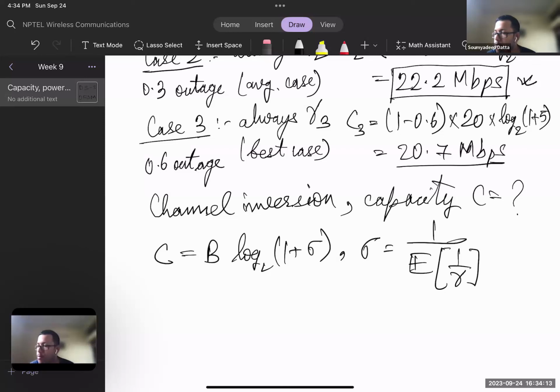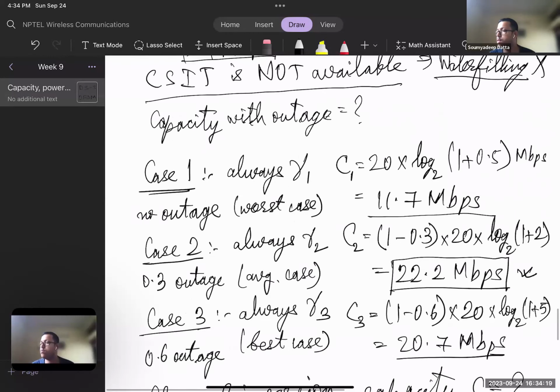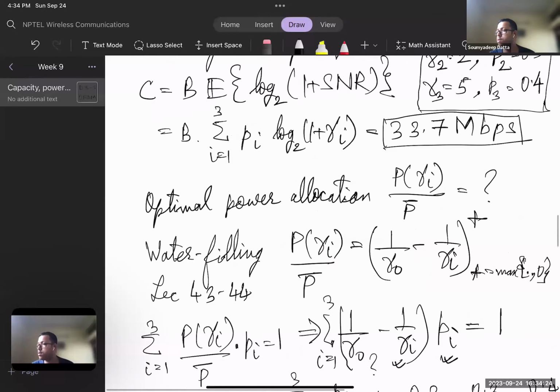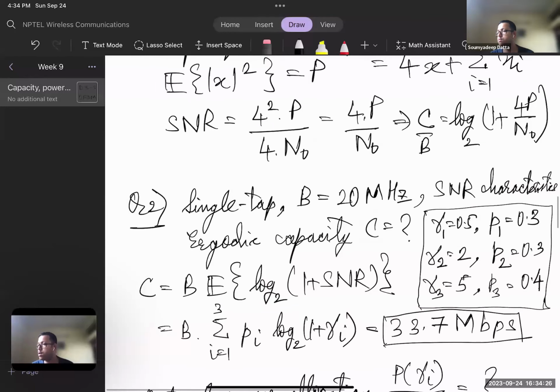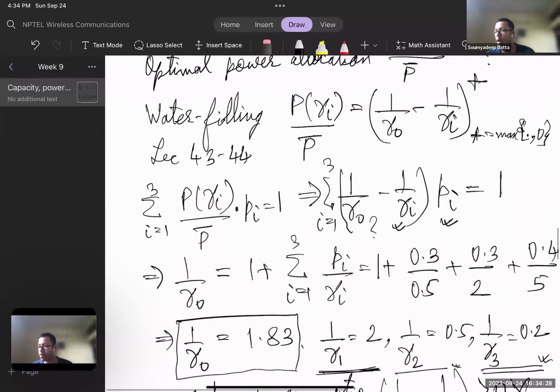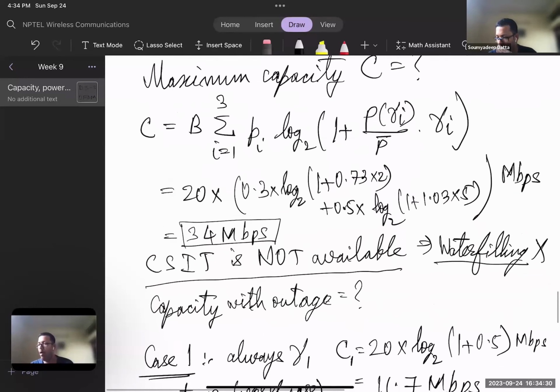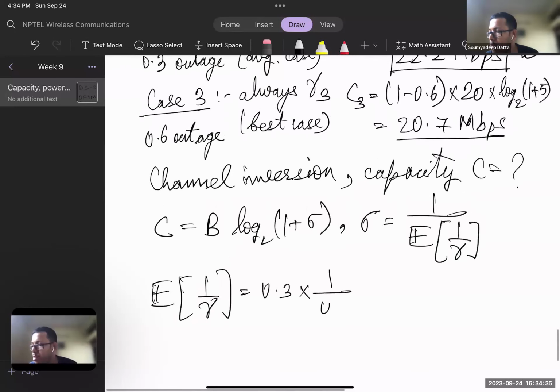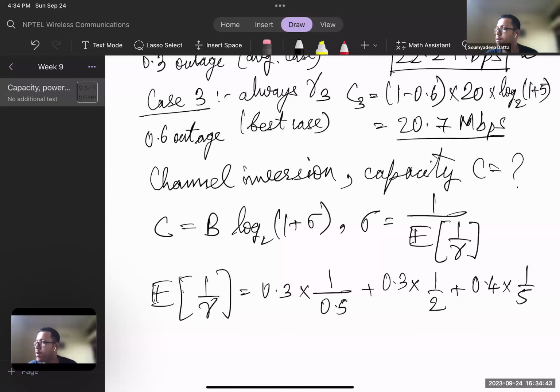So let us compute the expected value of 1 by gamma. We know the channel states, gamma 1 P1, gamma 2 P2, gamma 3 P3, so just memorize the values. It's 0.3 times 1 by 0.5 plus 0.3 times 1 by 2 plus 0.4 times 1 by 5.